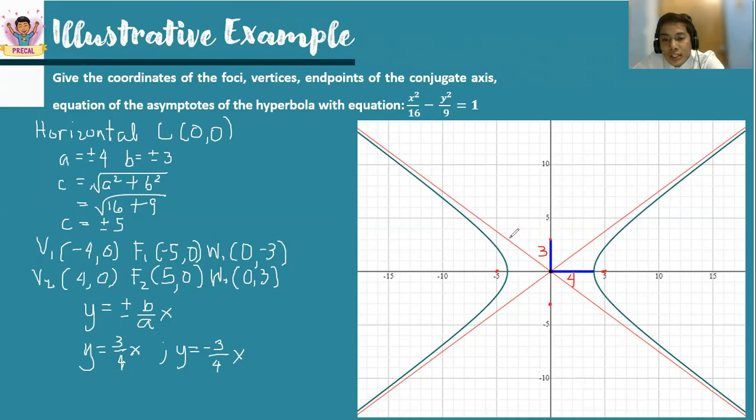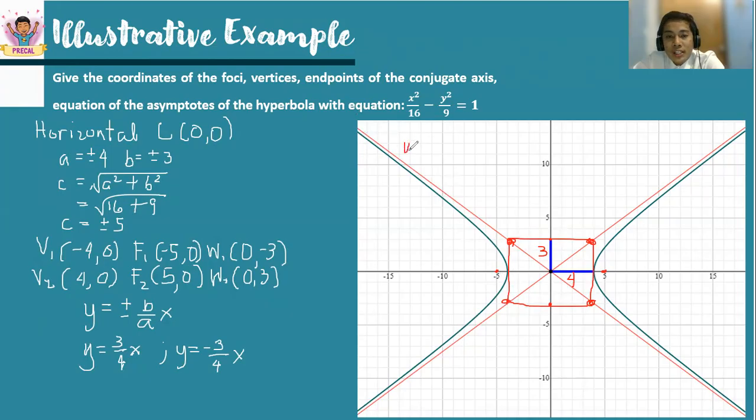Do not forget that the auxiliary rectangle can be drawn here, so that the endpoints or the vertices of the rectangle will form the asymptotes.